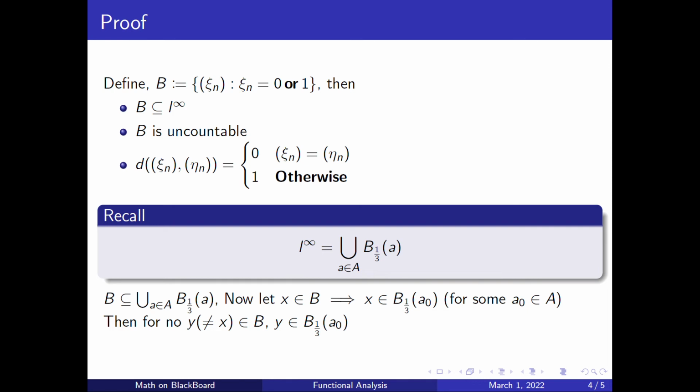So from here we concluded the important main statement: if there is a particular value x that belongs to one of these sets in this union, then you cannot have another point y which is not x such that y also belongs to the same set.